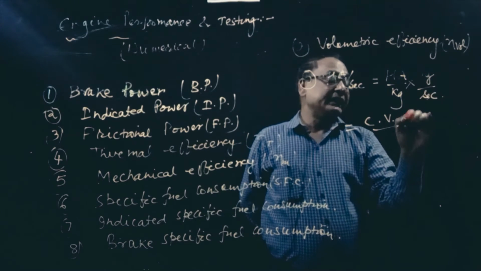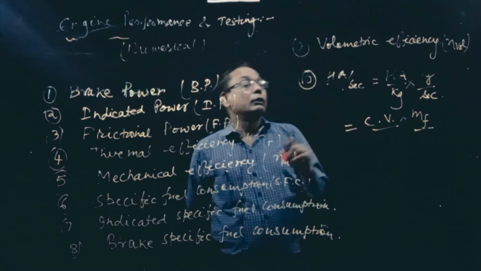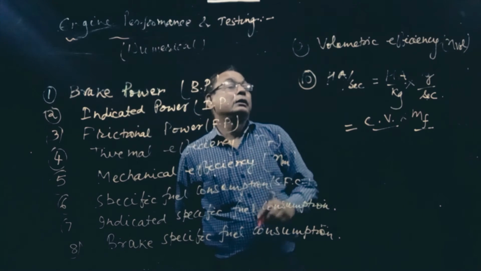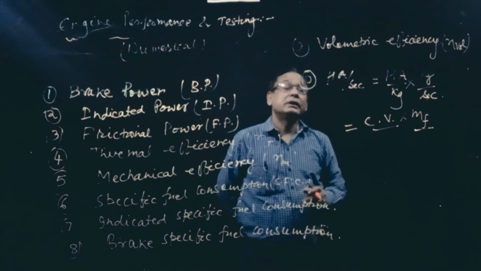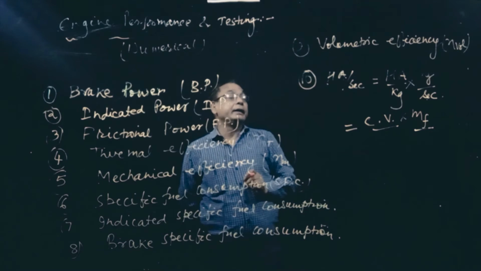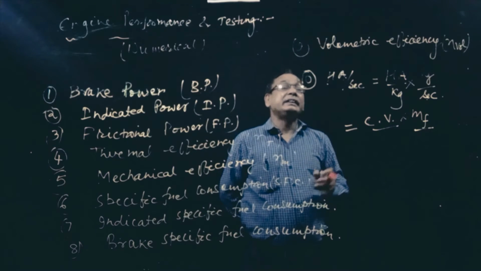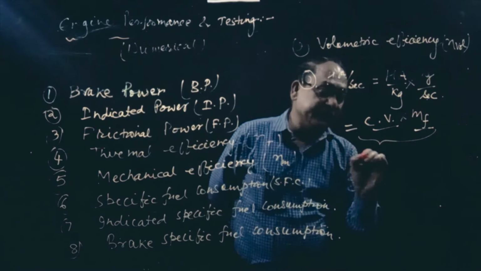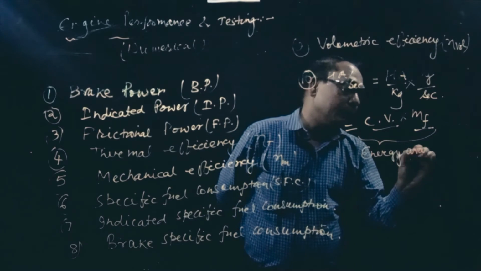Into kg per second is nothing but mass of fuel. It is a very, very important point. So whenever we are told to find out thermal efficiencies, we have to use this concept. Calorific value they will give, and mass of fuel, if we multiply, that is heat added, and it is also equal to energy available.